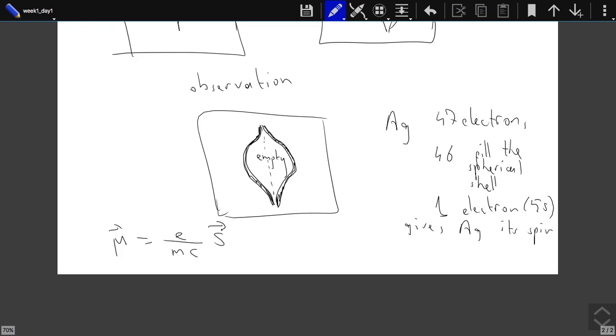So even the protons and the neutrons would interact with the magnetic field, but since their mass is 2,000 times heavier, the interaction of the nuclear spin with the magnetic field will be weaker by a factor of around 1,000 compared to the interaction of the electron. So it will be mainly the electron's magnetic dipole moment that will contribute to the interaction of the silver atom with the applied magnetic field.